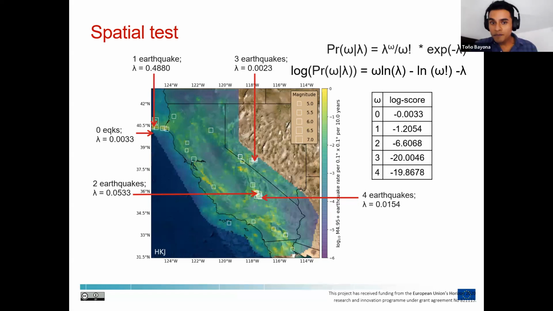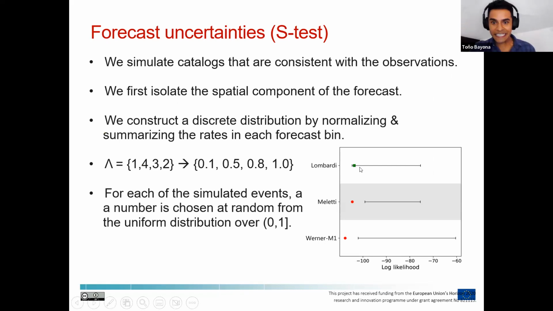So we can sum all these scores across all the spatial cells, and that's what I'm going to be referring to as the joint probability score, which in this case, for example, I'm going to represent here as a square.